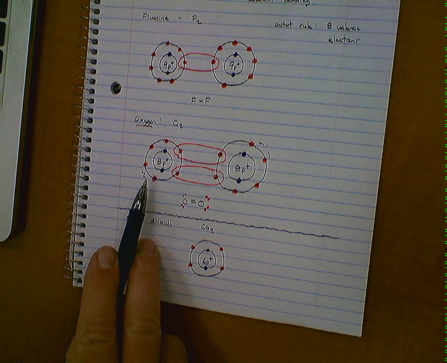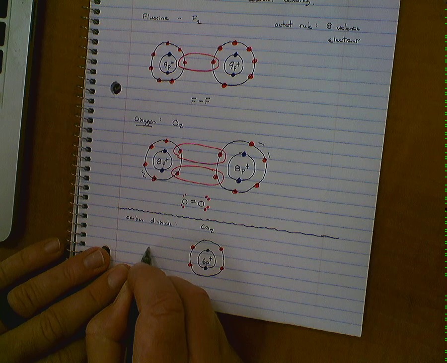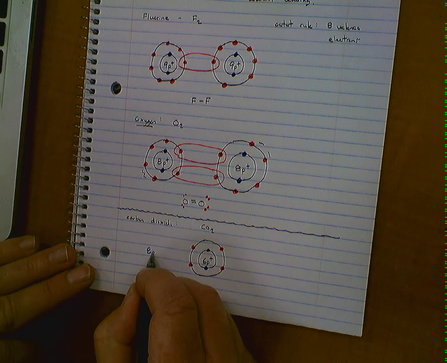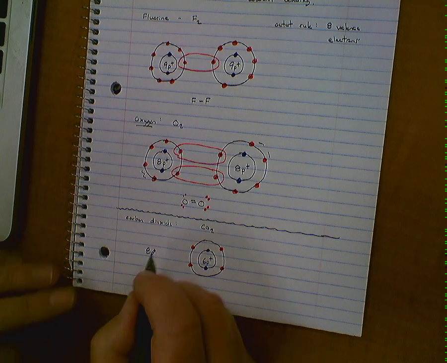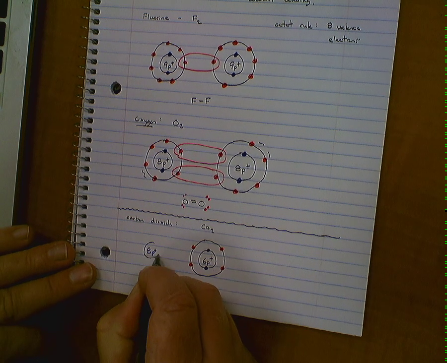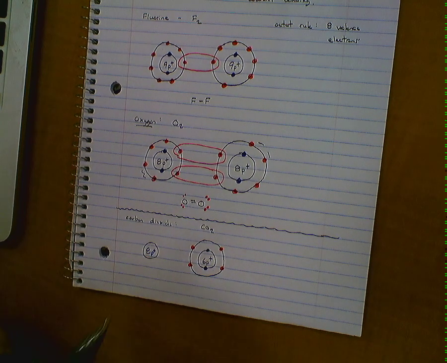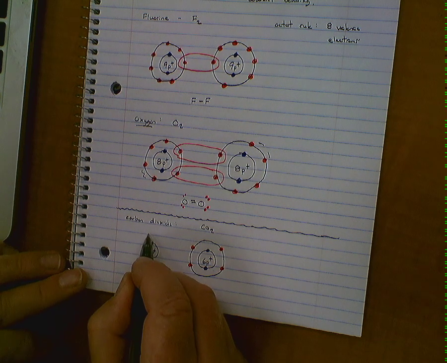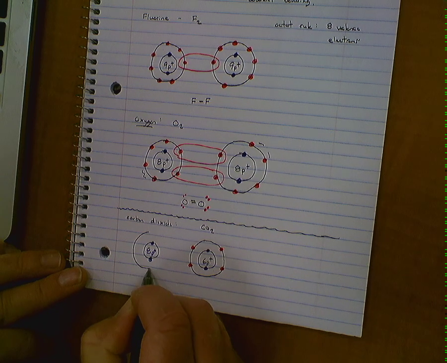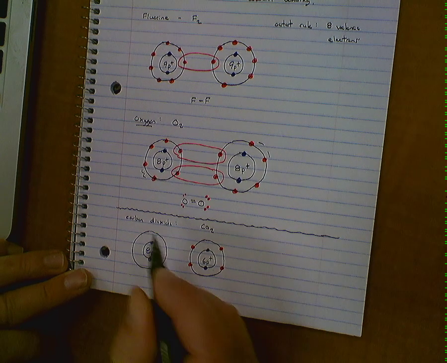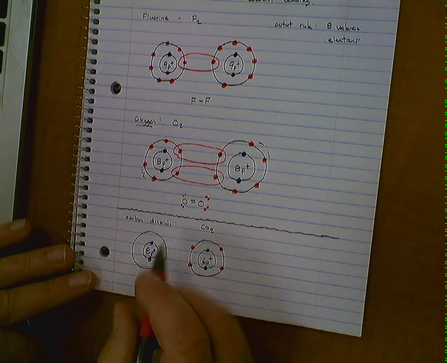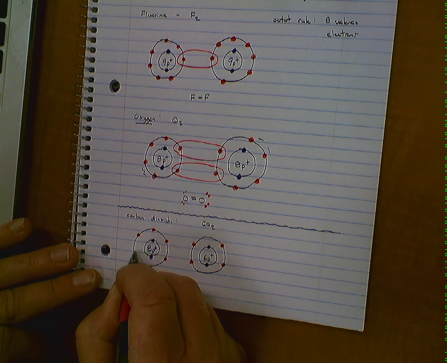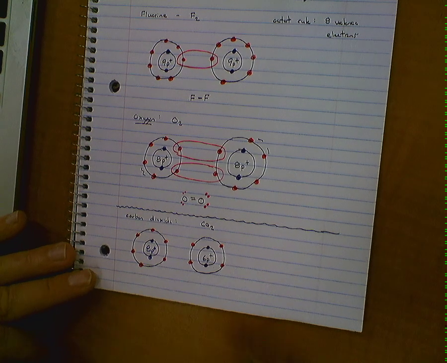Oxygens, I'm going to draw the same thing I did earlier on both sides. So 8 P pluses. First level with 2 inner electrons. And second level with 6 valence electrons. 1, 2, 3, 4, 5, 6.